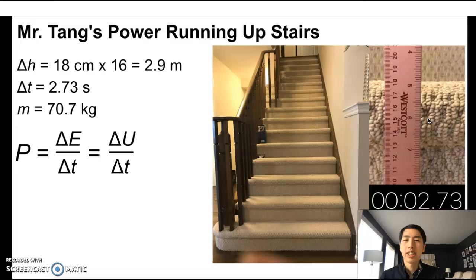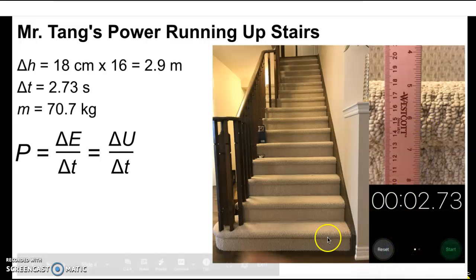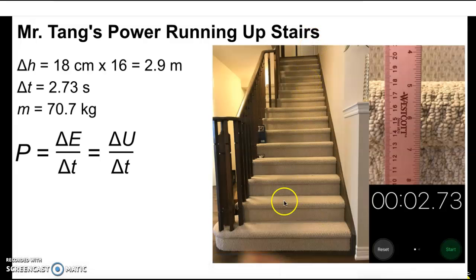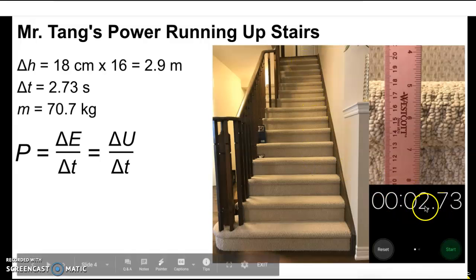So I decided to calculate my own power of me trying to run up a set of stairs. Okay, so I ran up these stairs as fast as I could. I timed myself. This is the stopwatch. It took me 2.73 seconds. I measured the height of each step, which I got 18 centimeters.